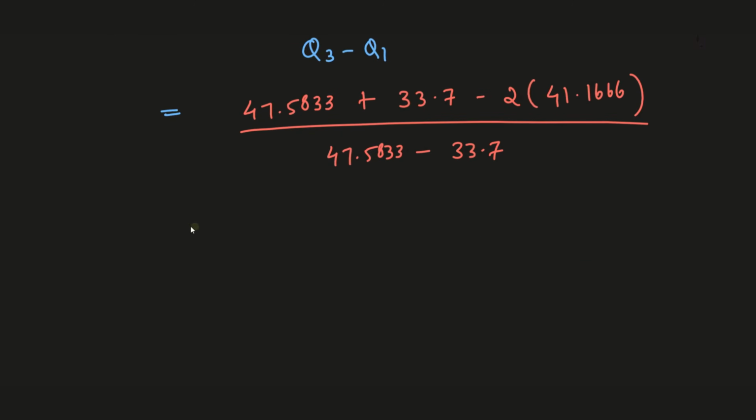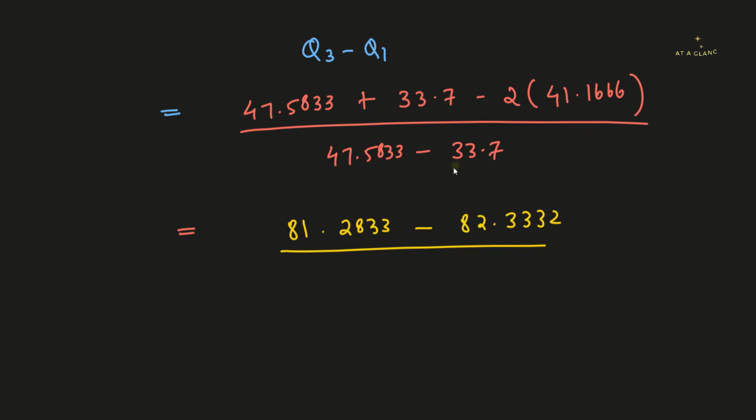Now we'll simply have to calculate this. We will get 81.2833 as the addition of these two, minus the second part calculation, which is 82.3332, divided by the subtraction of these two terms, which comes out to be 13.8833.